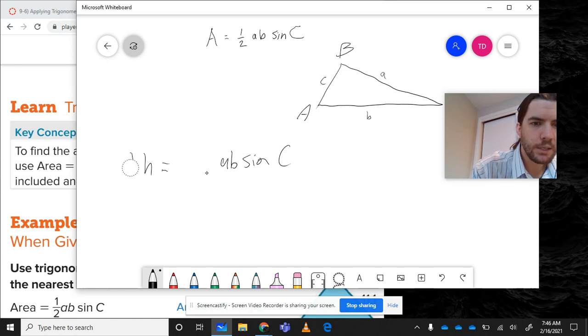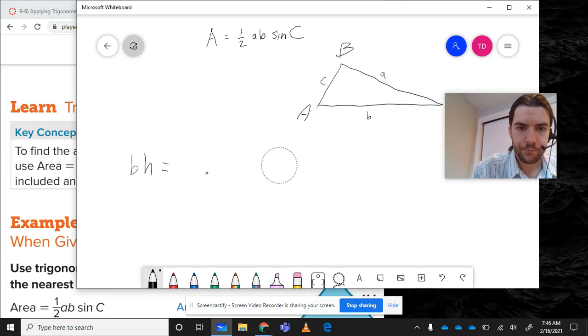We can divide by b on both sides and get rid of the base length. Well, let me think about that. Do I want to get rid of that quite yet? Let's keep it for now. So base times height should be the same as ab sine C.